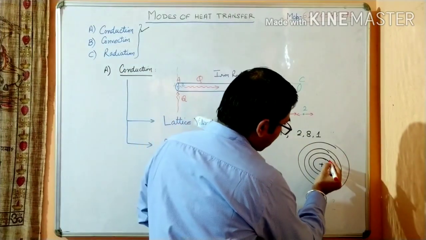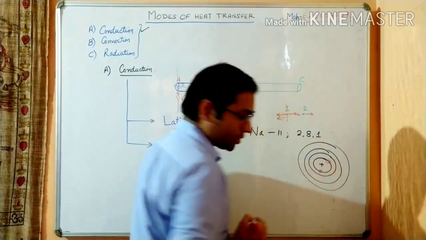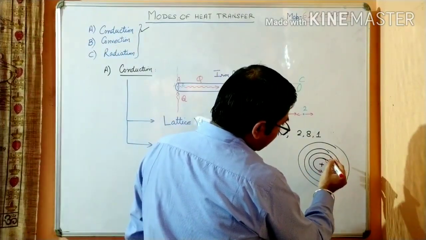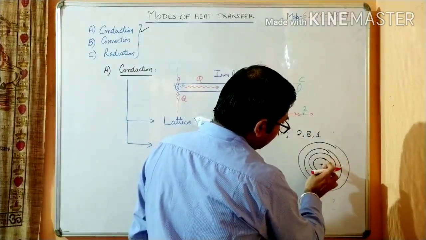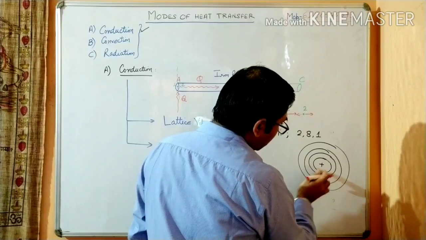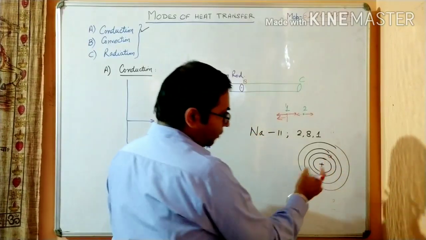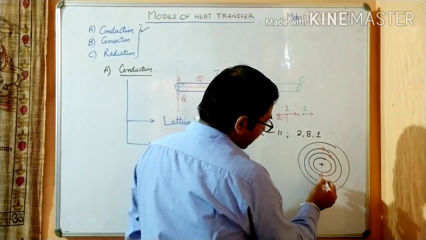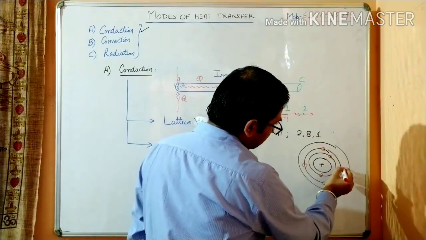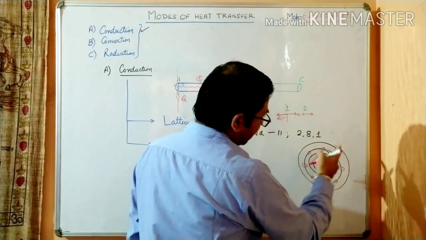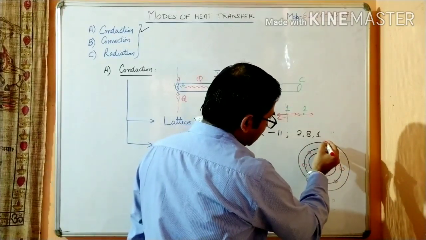So in case of sodium, there are 2 electrons in the first shell or orbit. In the second, this is the nucleus. So this is the first orbit carrying 2 electrons, second orbit carrying 8 electrons, and the third orbit contains one single electron.